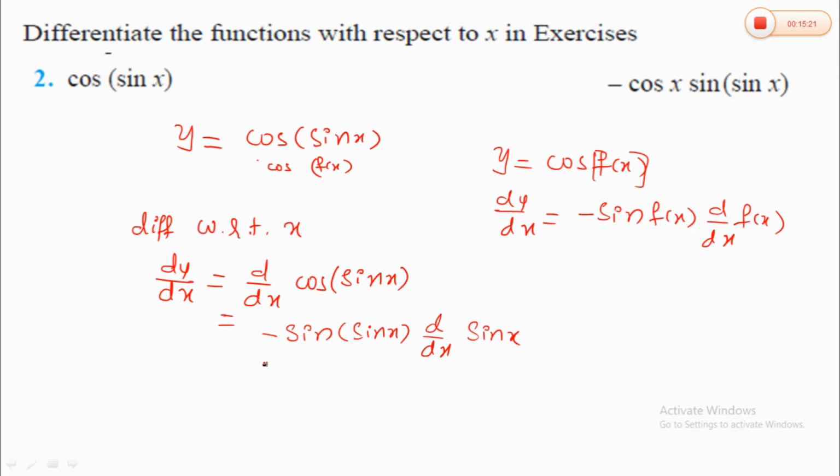Therefore, minus sine of sin x. The derivative of sine is cos x. So therefore this equals minus cos x sine of sin x. Minus cos x into sine of sin x is the answer.